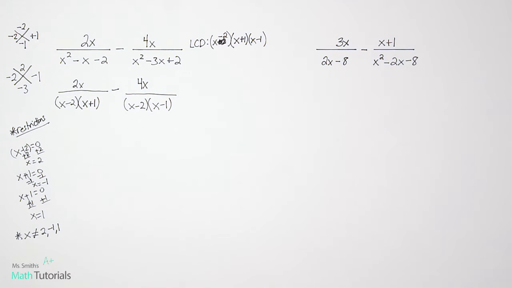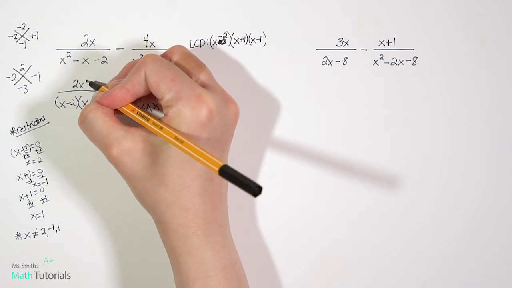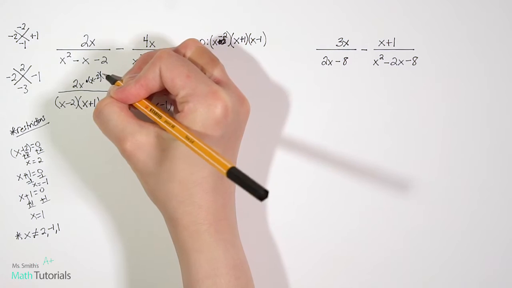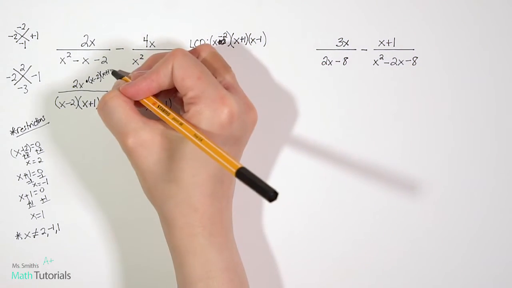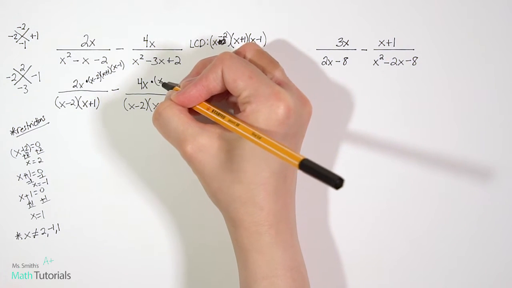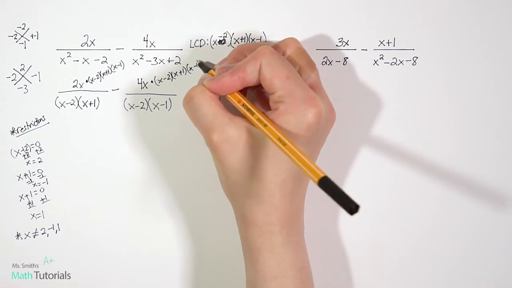Okay, so now remember our step 4, multiply all numerators by the LCD. So we've got the LCD noted up here, so we're going to multiply each of our numerators by x minus 2, x plus 1, x minus 1.